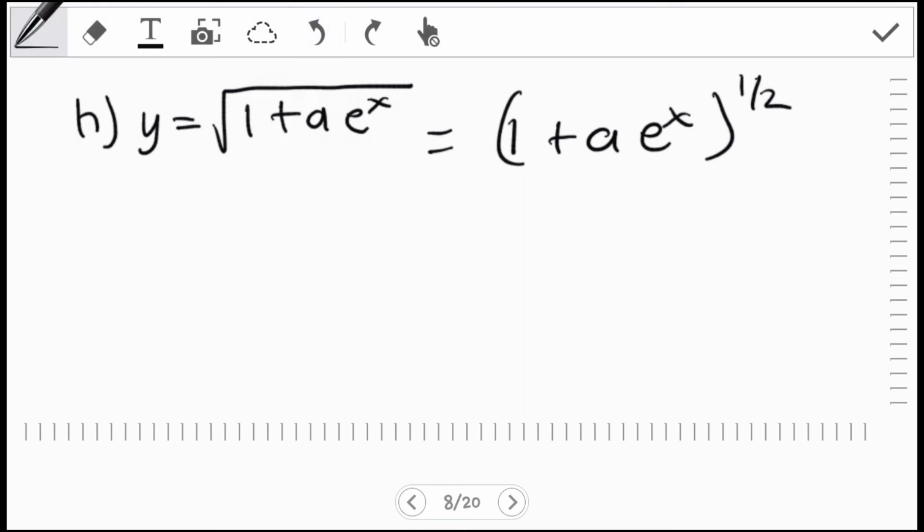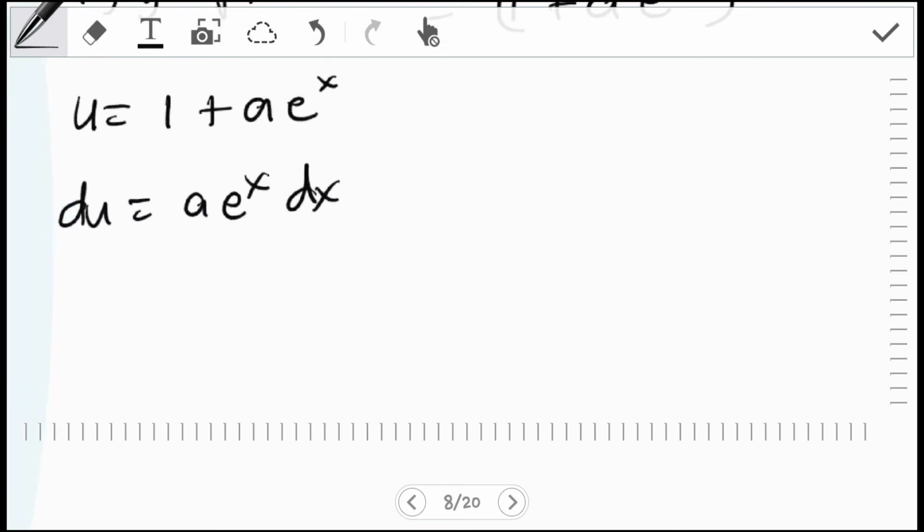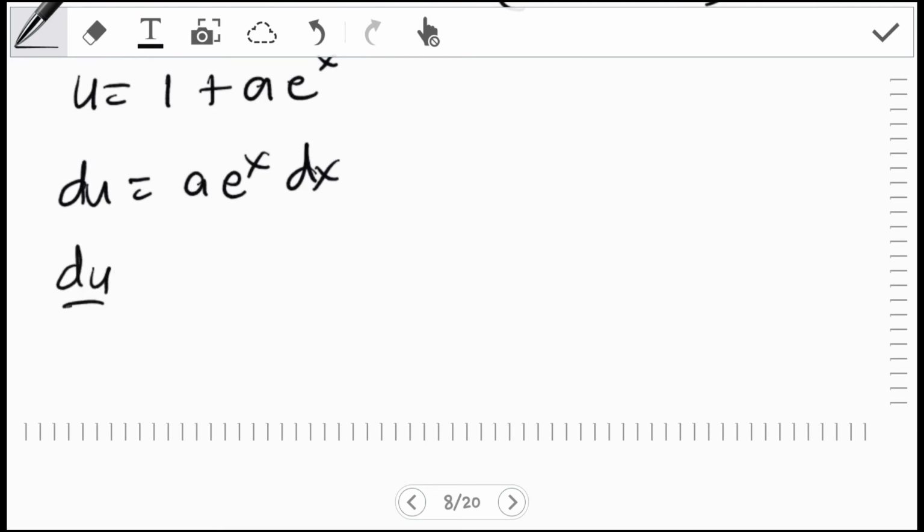Okay, so let u be 1 plus e to the third x. Okay, so where du, that is e to the third x dx, and then where du over dx, that is equivalent of e to the third x.